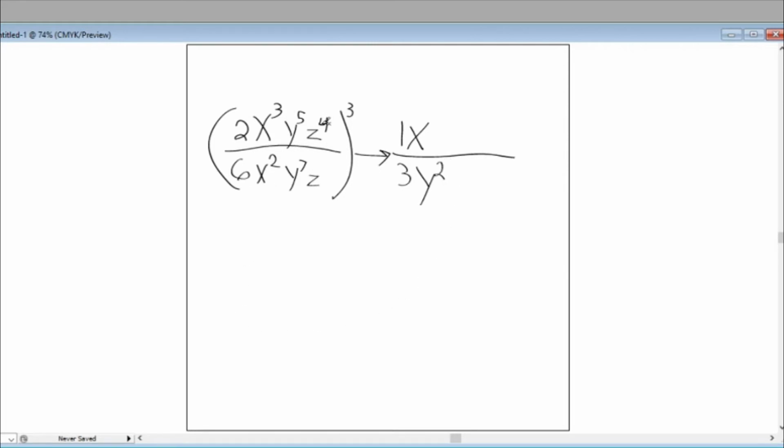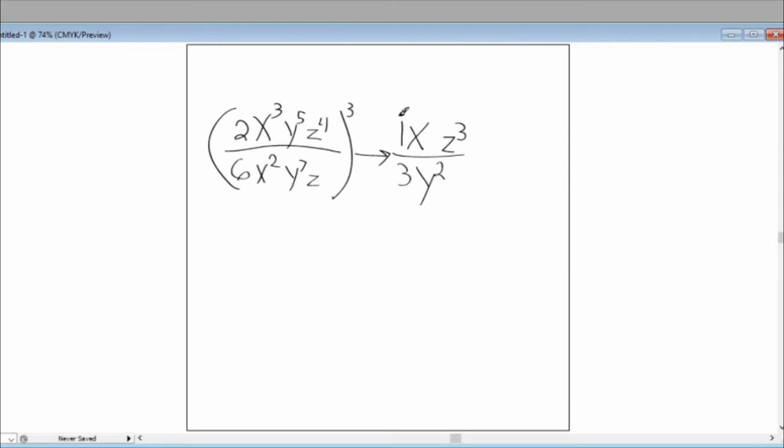And then z to the fourth divided by z to the first. Well, that's 4 minus 1, so that's z to the third, and it goes on top because that's where my larger exponent is.